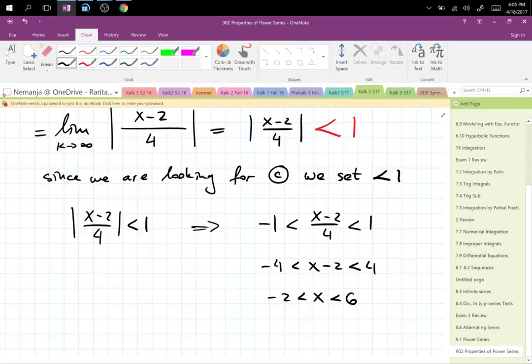What this means is that any x you pick from this interval here, your power series on top will converge, and anything you pick outside of this interval, the power series will diverge. So you are technically creating infinitely many problems, right?